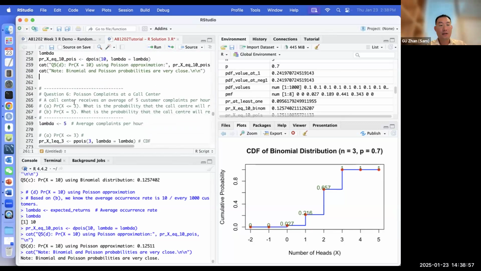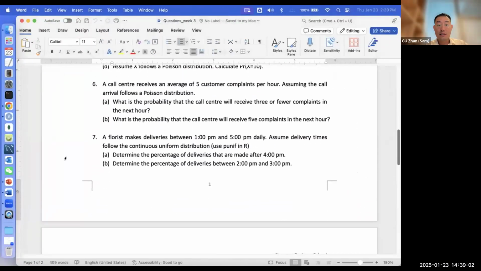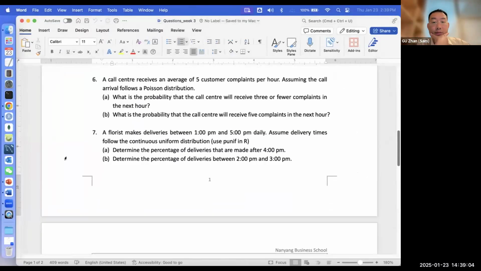So question 6. A call center receives an average of 5 customer complaints per hour. Assuming the call arrivals follow a Poisson distribution, what is the probability that the call center will receive 3 or fewer complaints? When you see 3 or fewer, that means X can be a range, so you should use a CDF function.